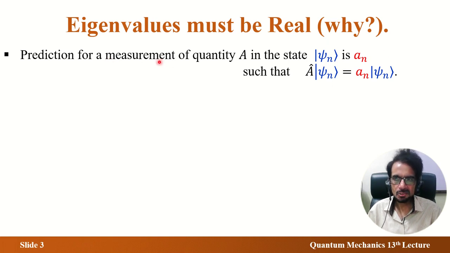And the condition is that, remember the three sentences I said, the whole quantum mechanics. The first sentence was that if you have to make physical prediction for any measurable quantity, make its operator. Find its eigenvalue, second sentence. And the eigenvalue is physical prediction, that's the third sentence.